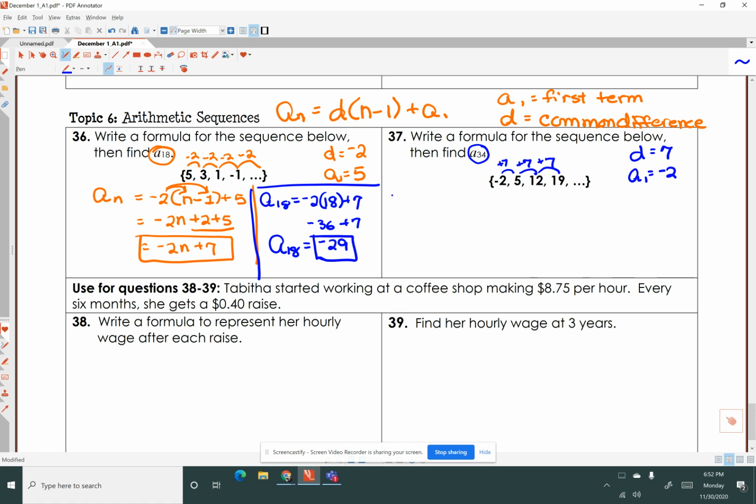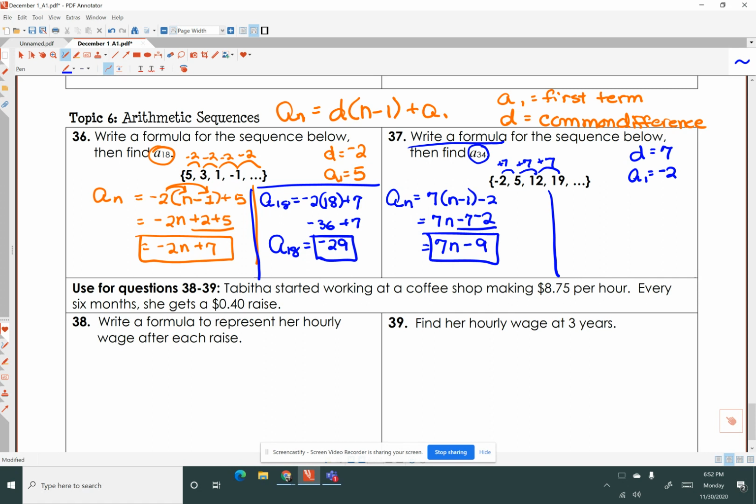So first we will write the formula, and then we'll find the 34th term. So A sub n equals 7 times n minus 1 minus 2, which equals, first we distribute, 7n minus 7 minus 2, and then we combine those two like terms, so that would give us 7n minus 9.